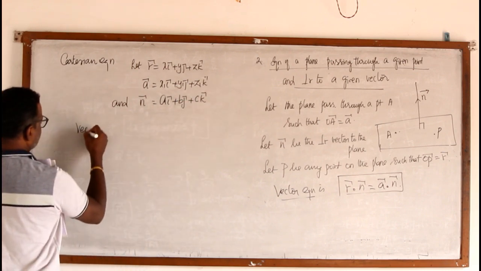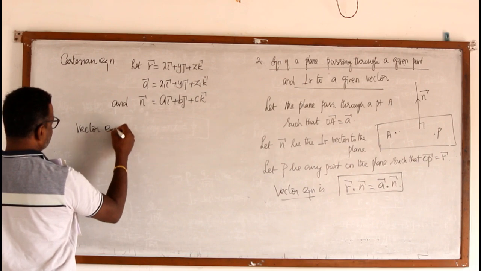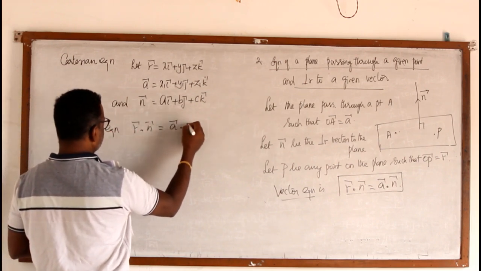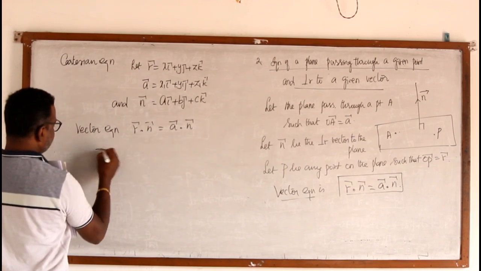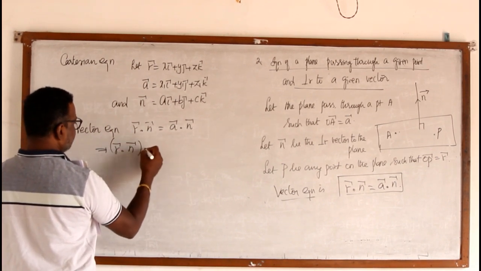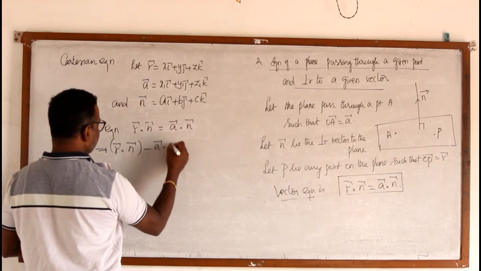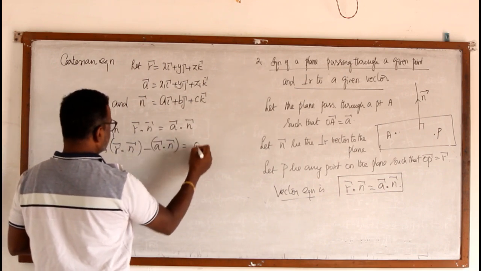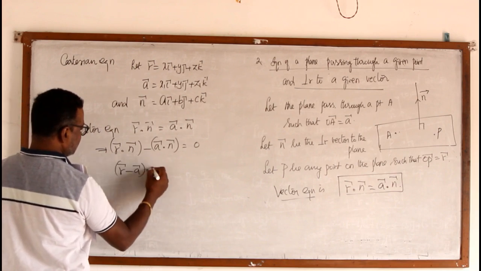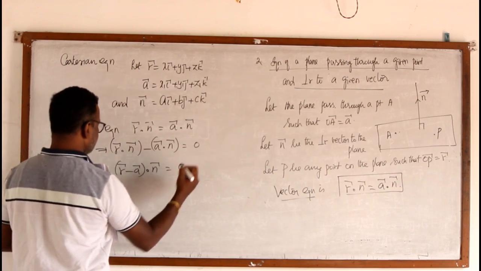Then the vector equation r dot n equal to A dot n can be written as R dot n vector minus A dot n vector equal to 0. Shall I write this as R minus A dot n vector equal to 0?